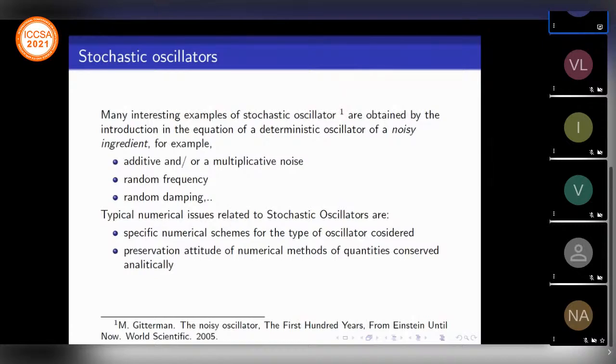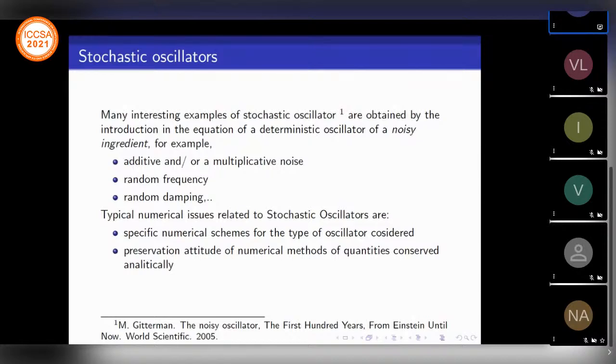Or another issue, which is essentially the topic of this talk, is to design specific numerical schemes for a particular considered type of oscillator.